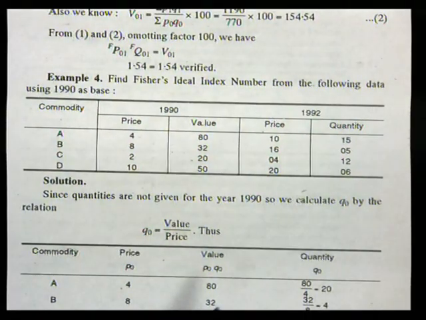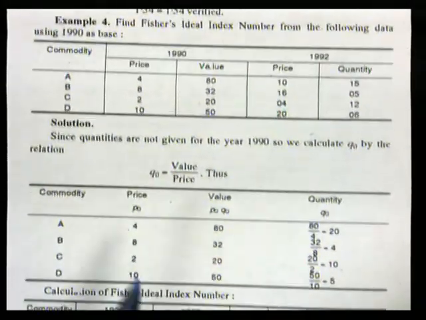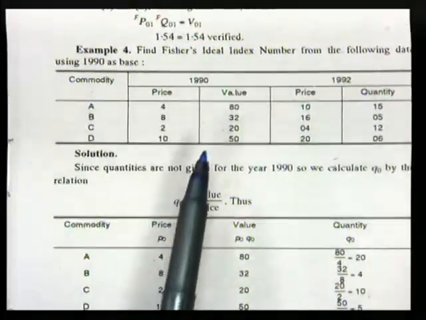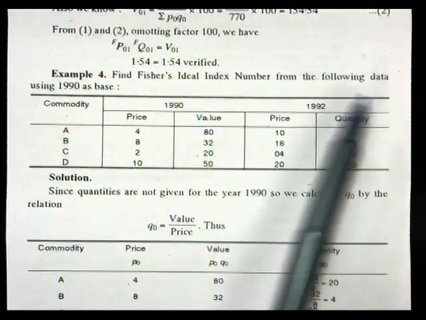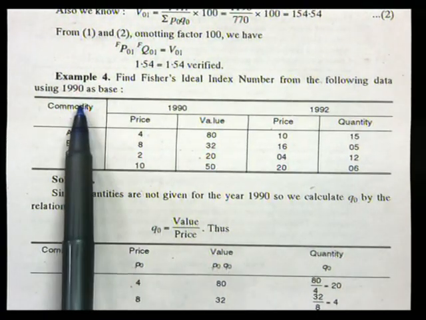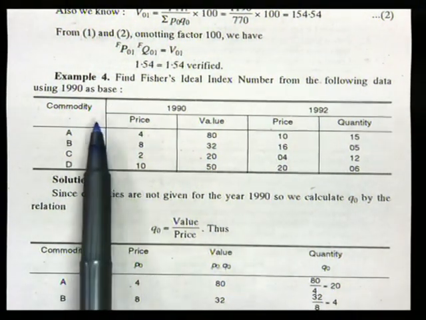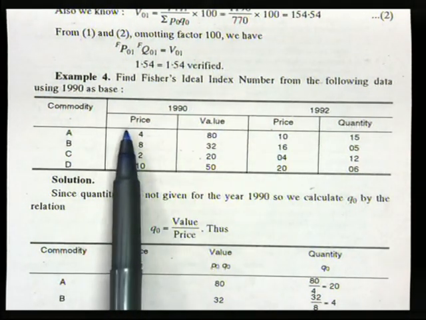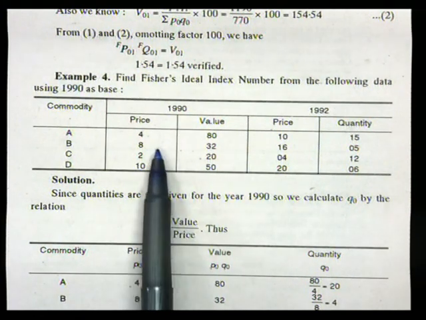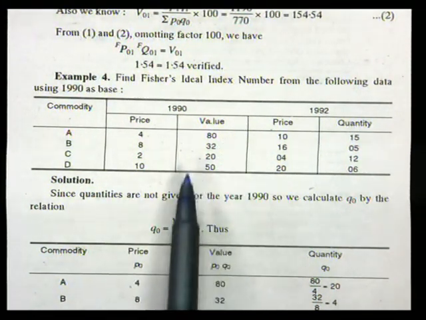Let us take the last example. Find Fisher's ideal index number from the following data using 1990 as base. Commodities A, B, C, D, and 1990 is the base year, so price and value are 4, 8, 2, 10, etc. These are the different values.